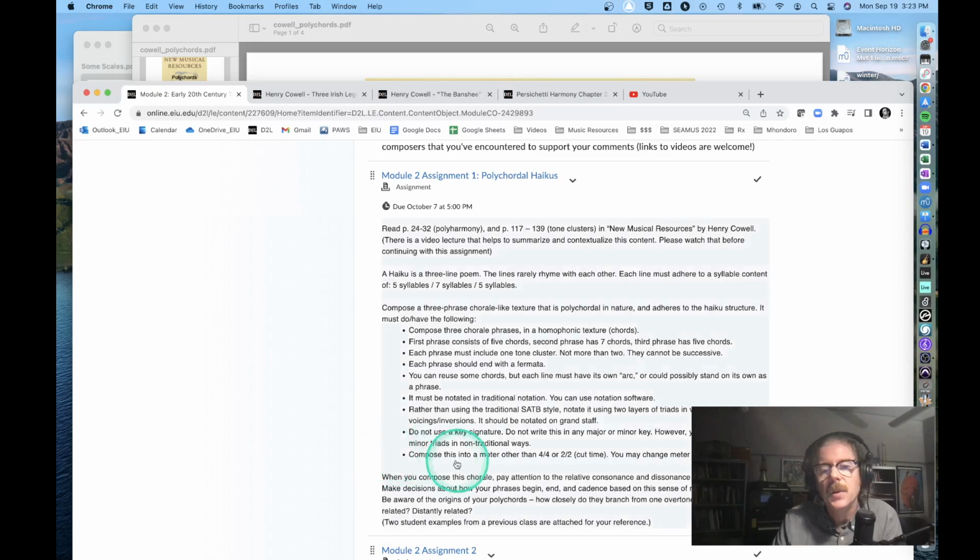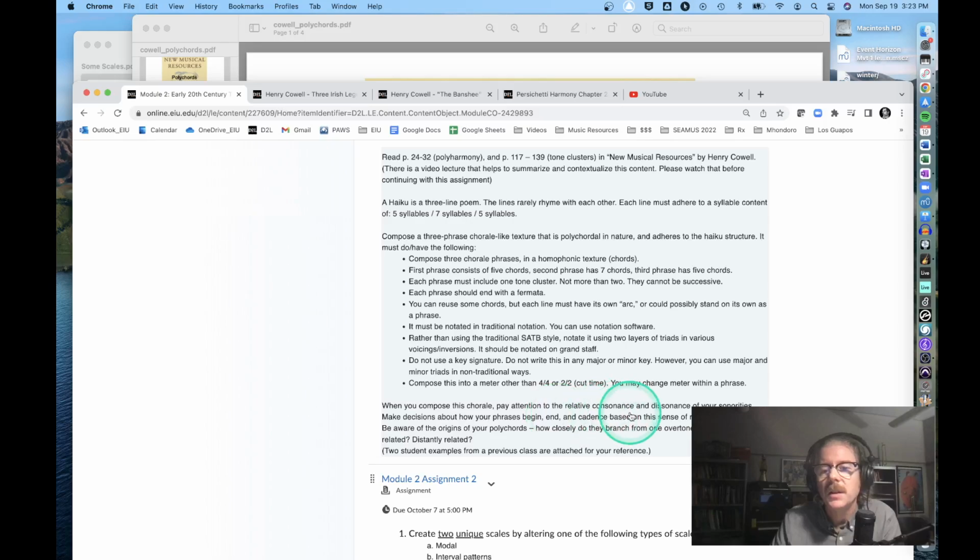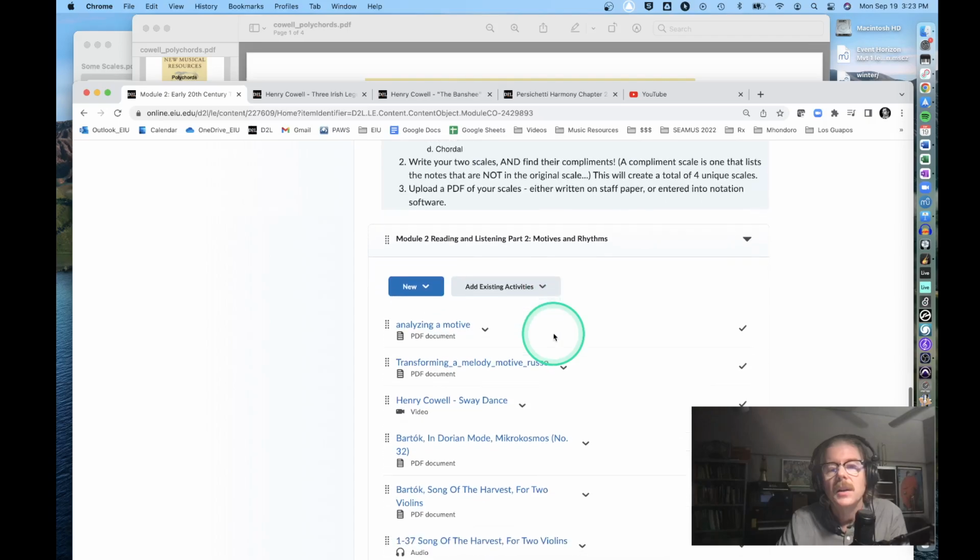And you can use meter, but just don't use 4/4 or cut time. Change your meter within a phrase if you want to. You're using meter in a very fluid way as well. So you're paying attention to the relative consonance and dissonance of your sonorities, and making decisions about how your phrases begin and end, given what we talked about with relative dissonance and consonance.